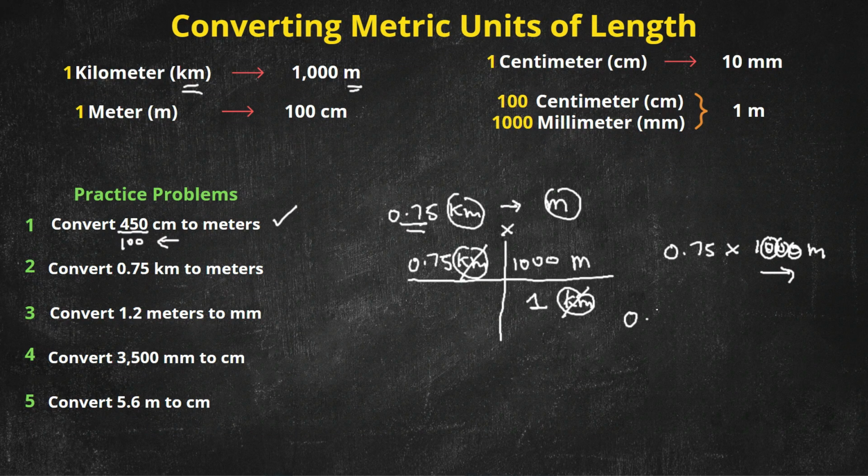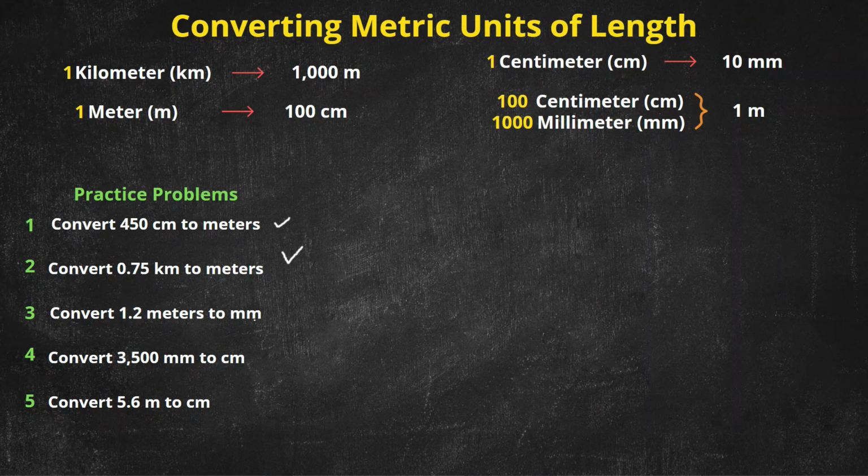So 0.75. Let's move 3 places towards the right. 1, 2, 3. There you have it. Sorry, no. You will have as your final answer 750. Don't forget your unit here, meters. So 0.75 kilometers is equal to 750 meters. There you have it. Let's move on to the next problem.